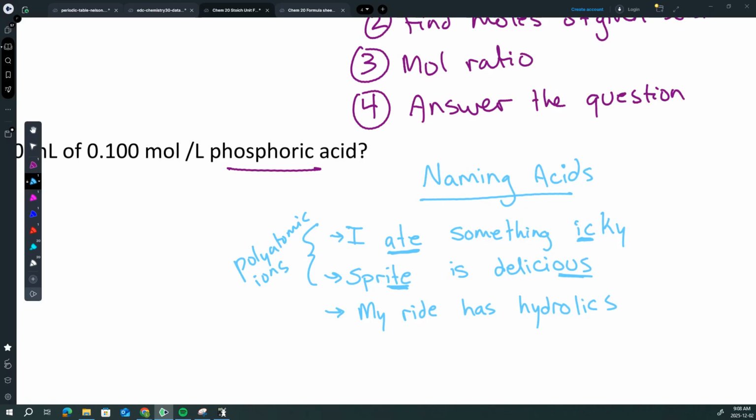Whereas for the last one, if your ion ends in ide, then the acid name is going to begin with hydro and end in ic acid. This last sentence is referring to when you have hydrogen with only one other element.